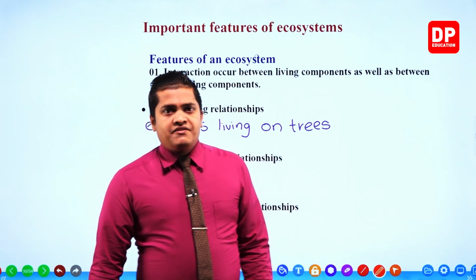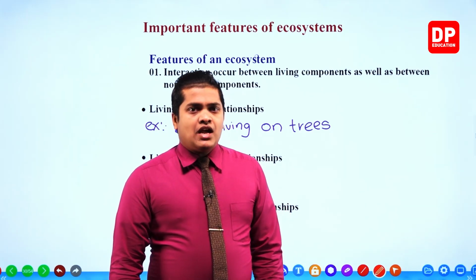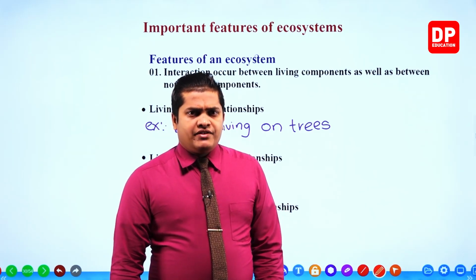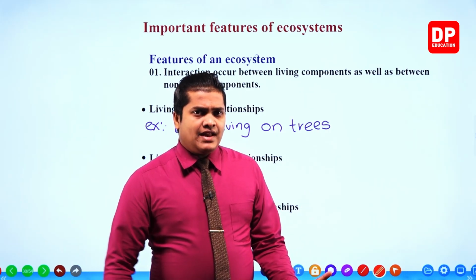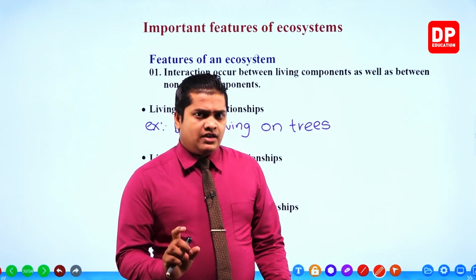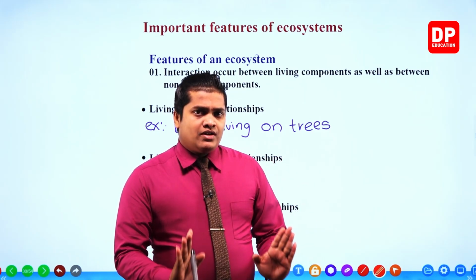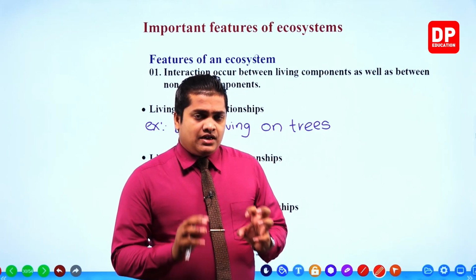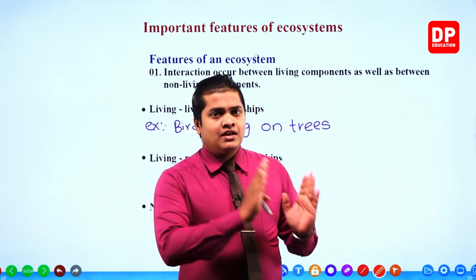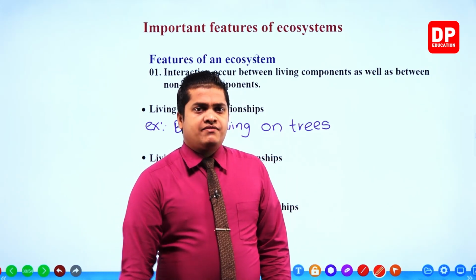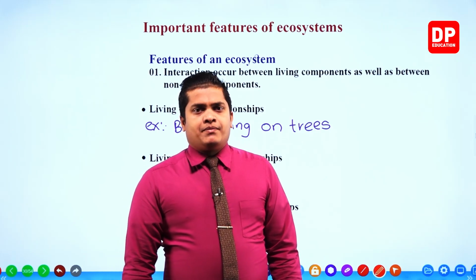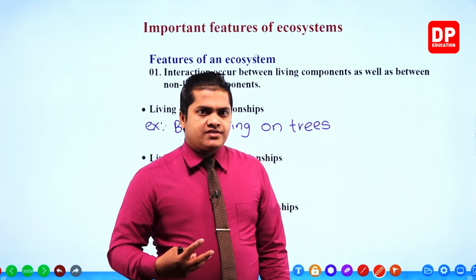What are living and non-living relationships? One component should be living and the other one should be non-living. Sometimes these living components use non-living components so that they can survive. For a simple example, you breathe oxygen gas, right?